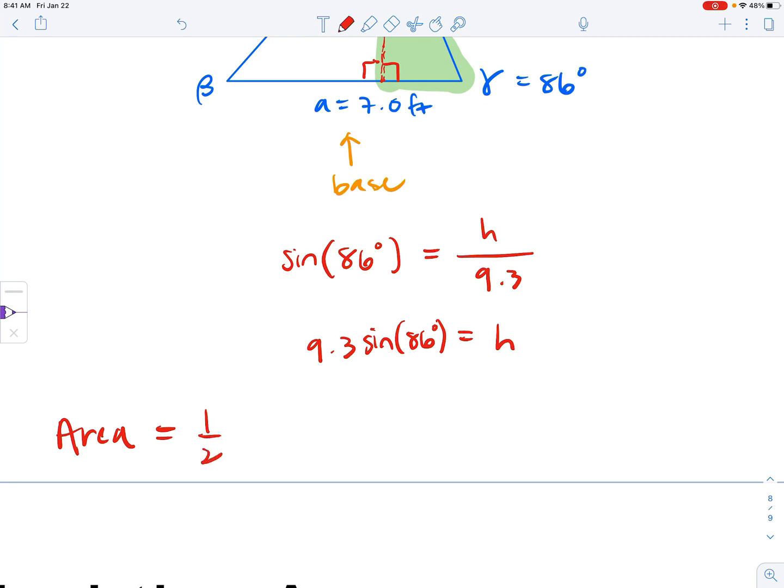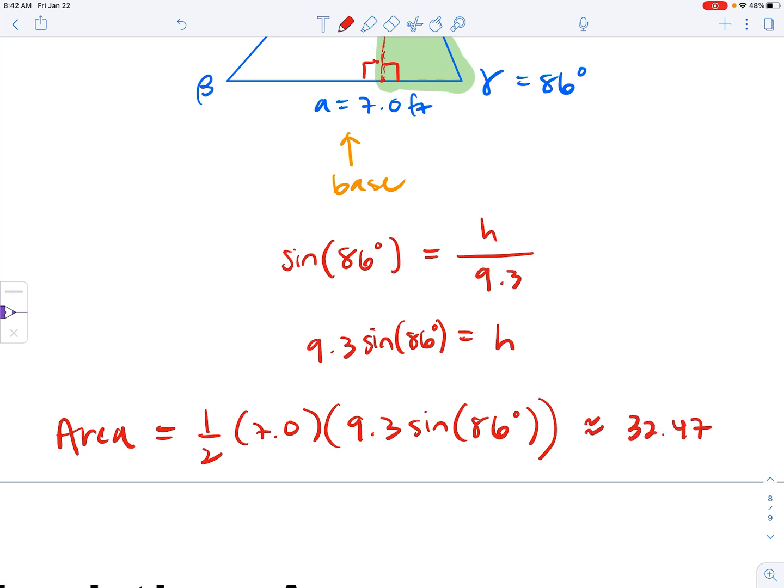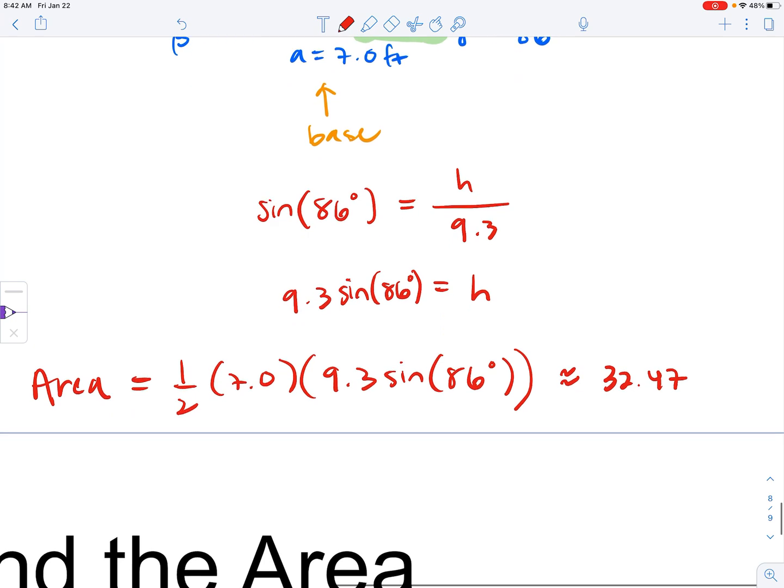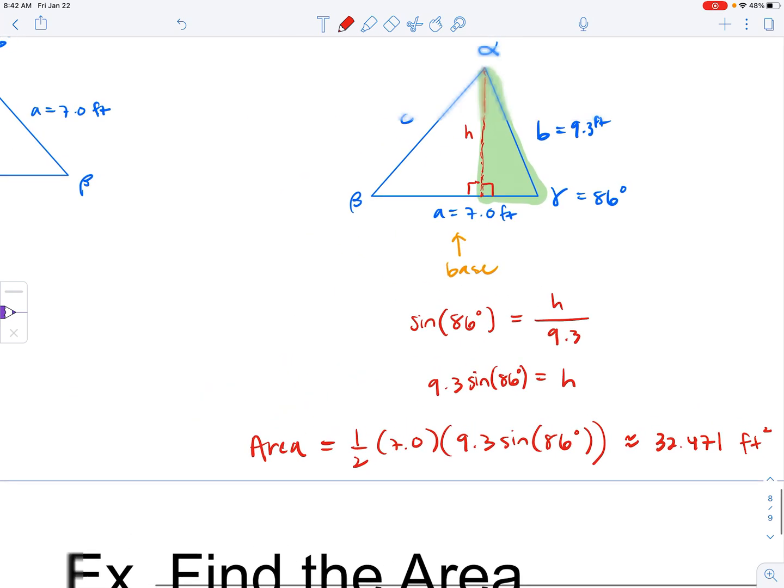And then we can plug that value in. We know the base. So the area of the triangle would be 1/2 times the base, which is 7.0 feet, times the height of 9.3 times sine of 86 degrees. And we can type that into the calculator and we get approximately 32.47 feet.